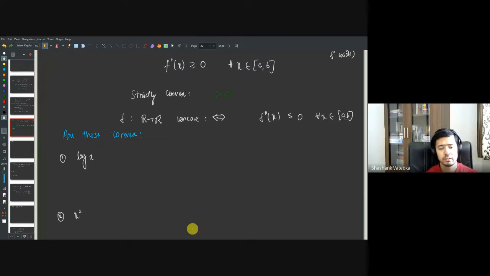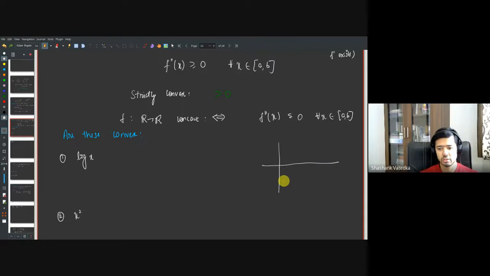All right. So let's look at some examples. Let us first look at log x. Before we even try to compute the second derivative, let us think about it. So what does log x look like?